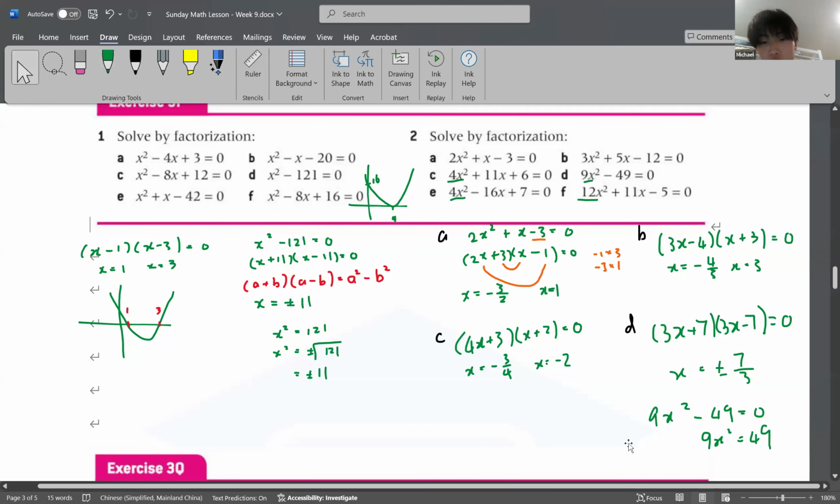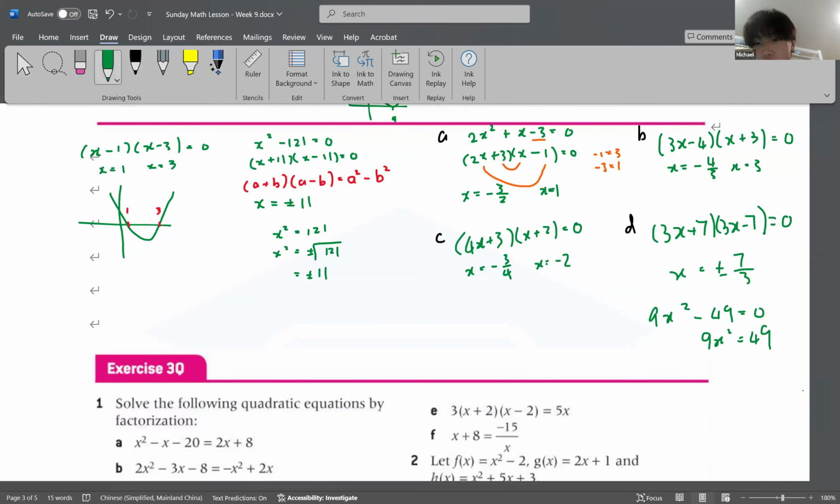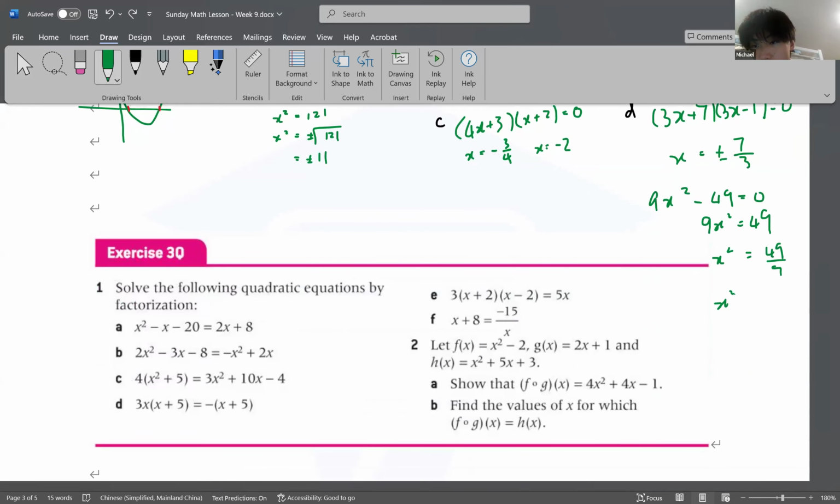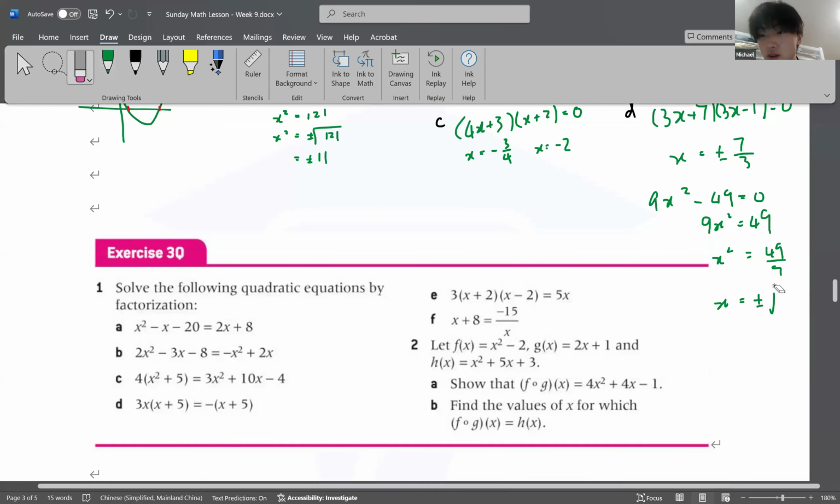So your x squared equals, you've got to divide by 9, 49 over 9. And then we square root it. x equals, what? So now we square root both sides, right? So x equals plus or minus, because it's x squared equals that. I'm not going to write the square root, I'm just going to write 7/3 straight away.